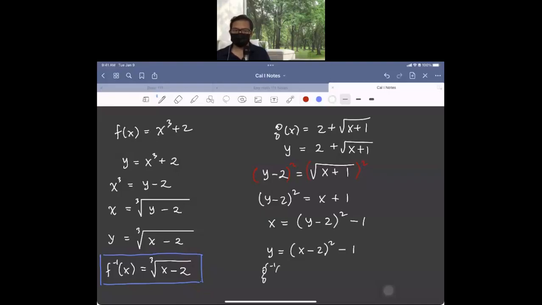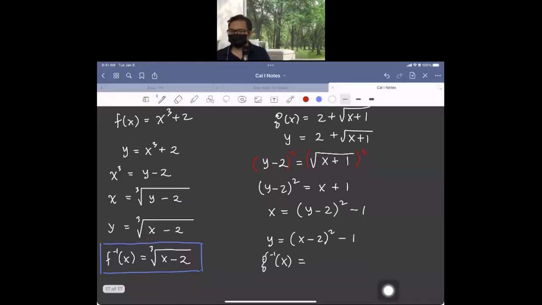Interchange x and y, so g inverse of x is equal to x minus 2 squared minus 1.